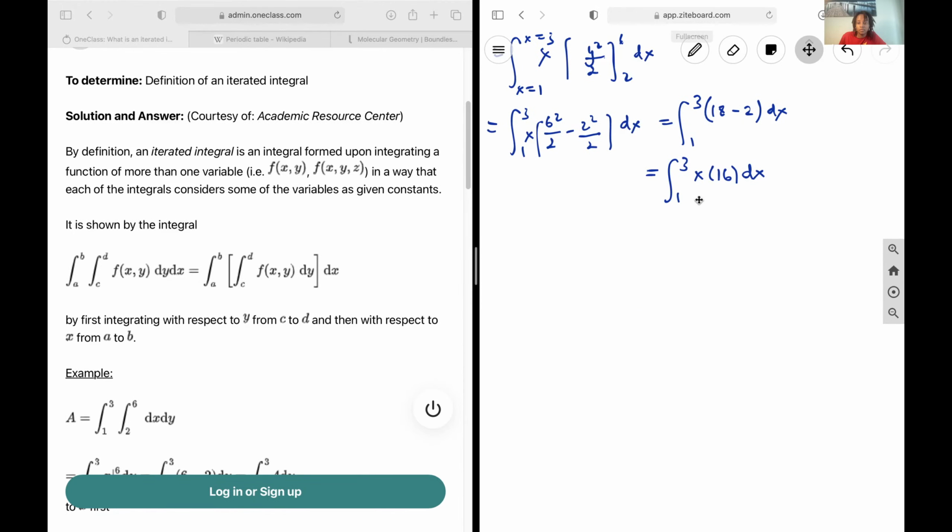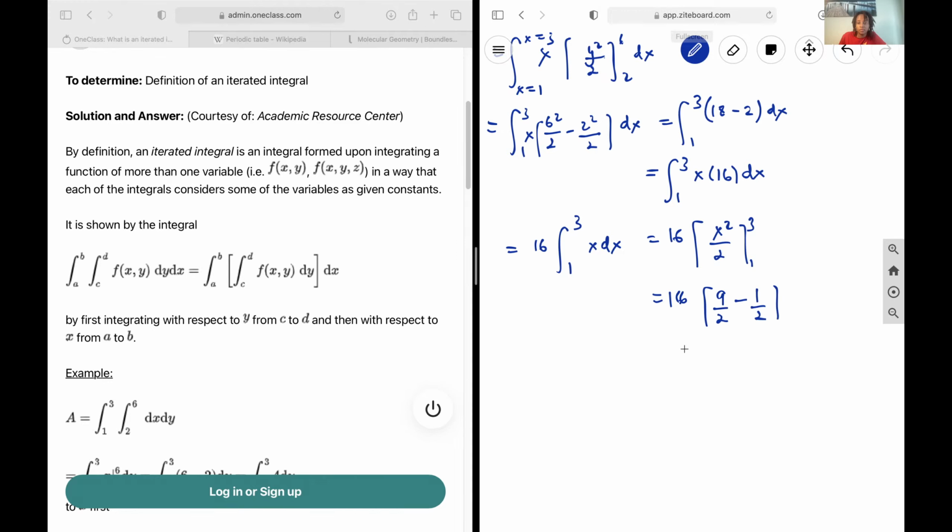And so now we're going to figure out this integral next. So it becomes from 1 to 3, we're going to pull out the 16 because it's just a constant. So 16, 1 to 3 of x dx, which will become 16 times x squared over 2, from 1 to 3. So 16 times 3 squared, so 9 over 2 minus 1 squared, 1 over 2.